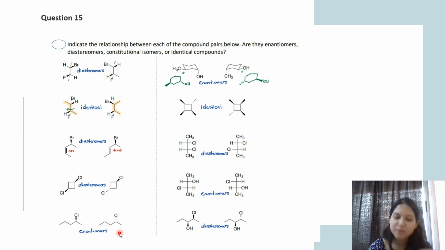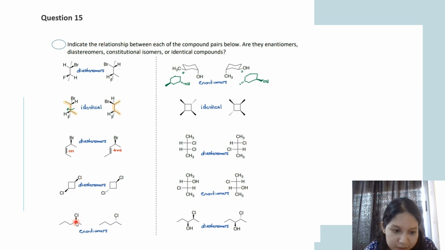Like, imagine placing a mirror above this molecule and then placing the second molecule above that mirror, that is above the plane. You will find that these two will be mirror images. You can also verify the mirror image relationship by assigning the configuration to the asymmetric carbon atom.